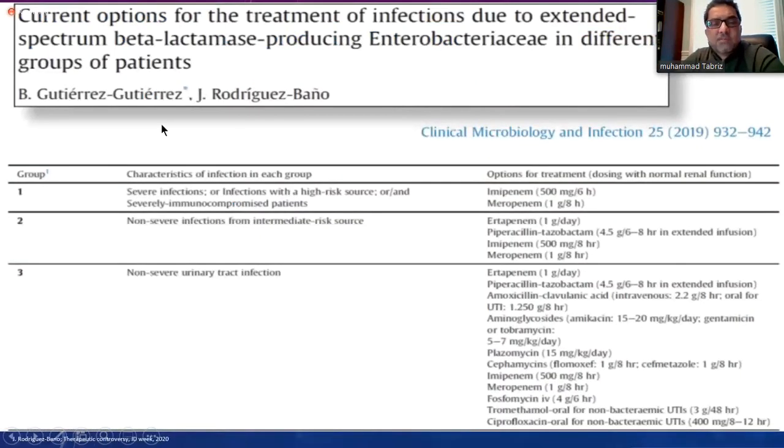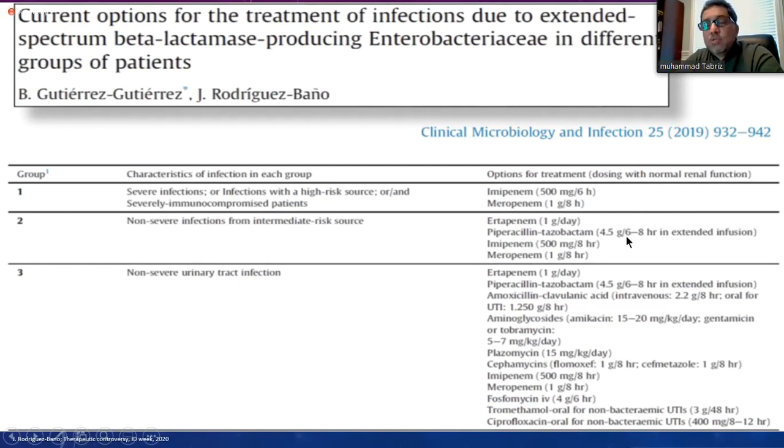This slide is from this year's ID Week, and the expert talked about different studies and came to a conclusion that if you have an ESBL organism with a severe infection, an immunocompromised patient, septic shock in the hospital, you should use a carbapenem drug. If you have a non-severe infection, but the patient is intermediate risk, meaning immunocompetent, not too many comorbidities, not in critical septic shock but sepsis, and you're going to use it for a short period of time, you could consider piperacillin tazobactam.